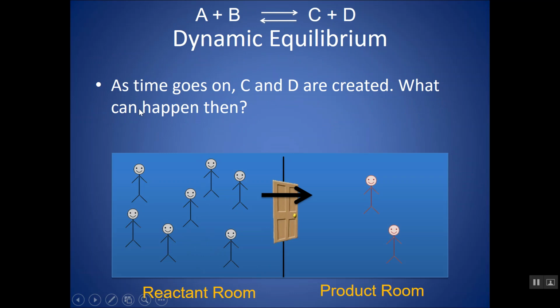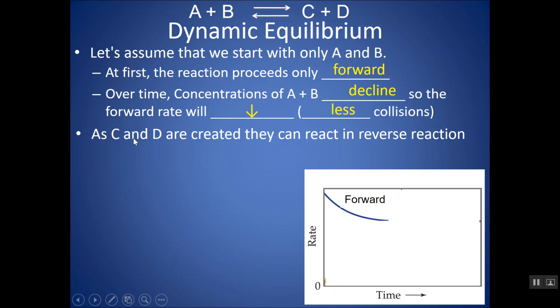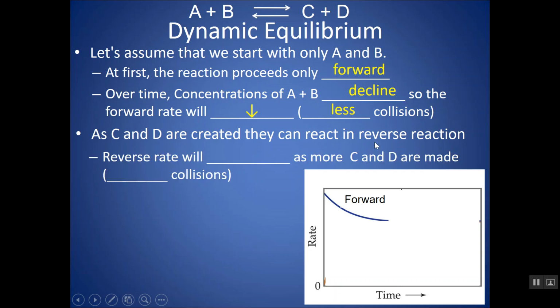Okay, we're going to continue to fill out this slide, but let's just take a look. As time goes on, C and D are created. So as I get product being created, I am going to now be able to start the reverse reaction. At first it'll be pretty slow because I don't have a lot of product made yet. But as I make more and more product over time, the reverse reaction rate can increase. So as C and D are created, they can react in reverse.